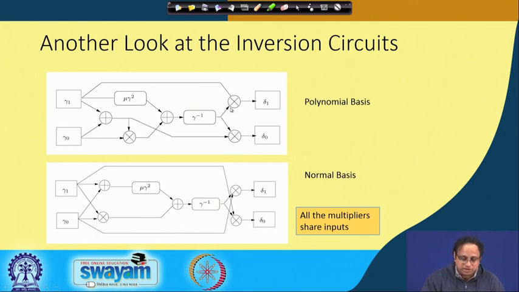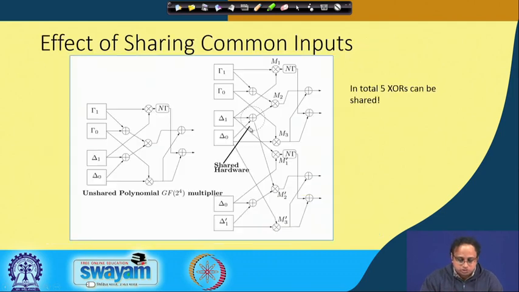If you take a look at the lower field multiplier, it is in GF2 power of 4, which means it is in GF2 power of 2 whole power of 2. So then you can easily see that there is an opportunity of saving. Here I have just drawn the GF2 power of 4 multiplier, but I have drawn 2 copies of the GF2 power of 4 multiplier where one argument is shared.